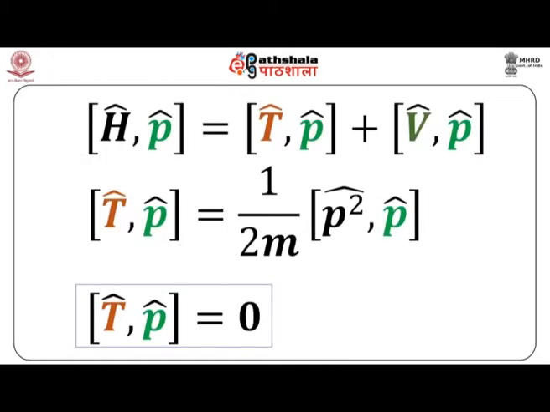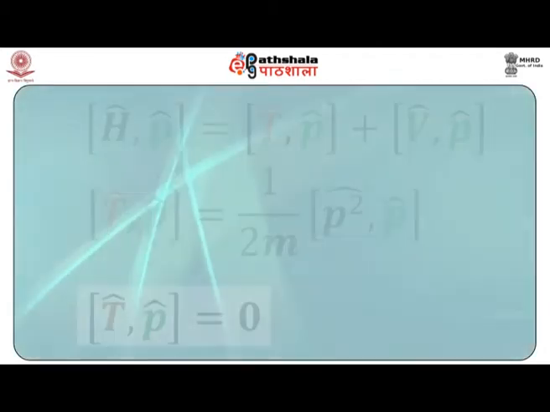That means the commutation of Hamiltonian with linear momentum operator can be expressed as the sum of the commutation of kinetic energy operator and linear momentum plus the commutation of potential energy operator and linear momentum operator. Since T is a function of P, as we have already seen, this implies that the commutation of T caret comma P caret is 0, which means that kinetic energy and linear momentum commute.